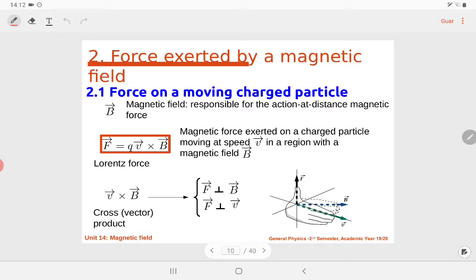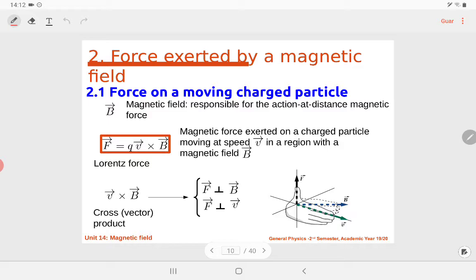In this way, your thumb will give you the direction of the cross product of the first vector times the second one. This is a way of using the right-hand rule for the cross product.